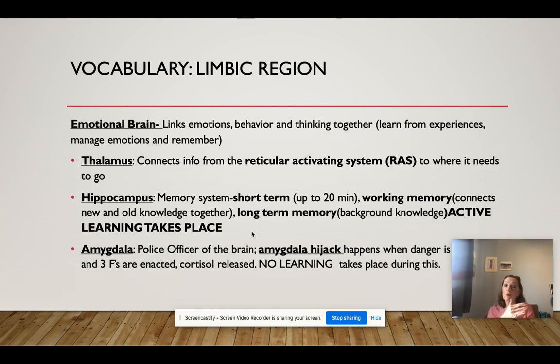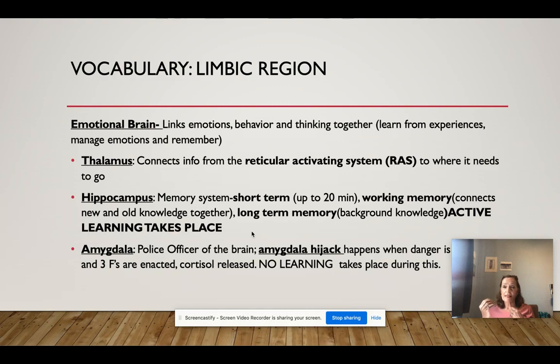So it could go to the hippocampus, which is the memory area. It's the memory system. So it's short-term memory up to 20 minutes, and then working memory, connecting new and old knowledge together. Long-term memory, background knowledge, is also here in the hippocampus.